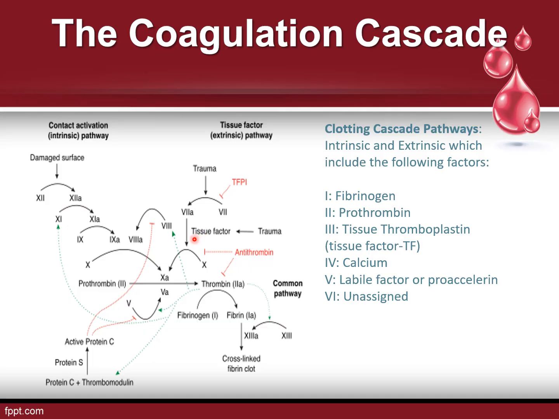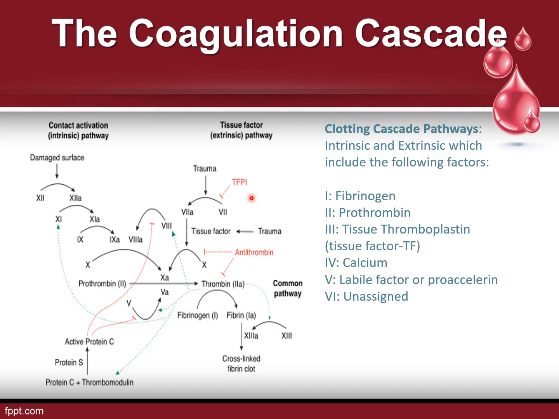The complex of factor 7A and factor 3 usually leads to activation of factor 10 in conjunction with factor 5A. Factor 10A usually triggers the formation of thrombin.